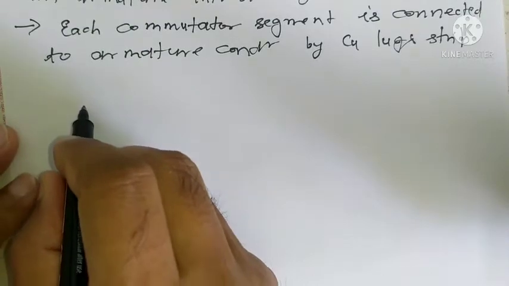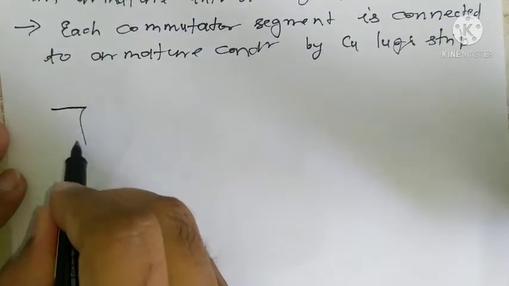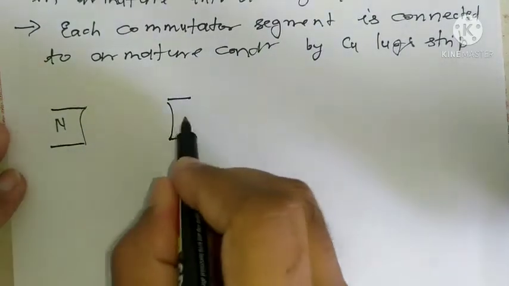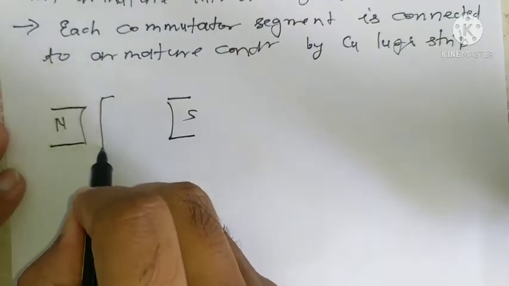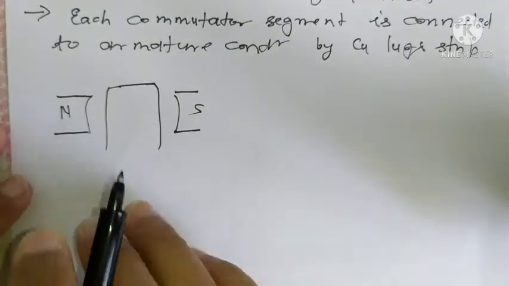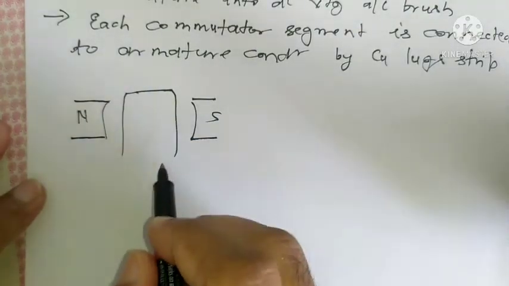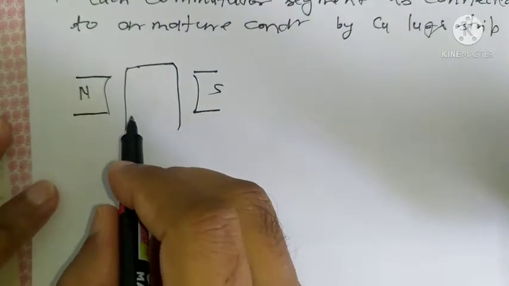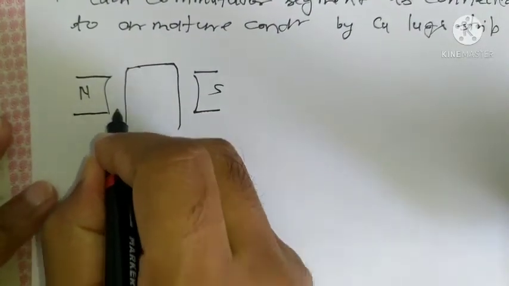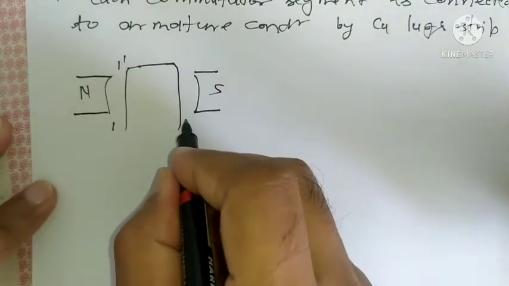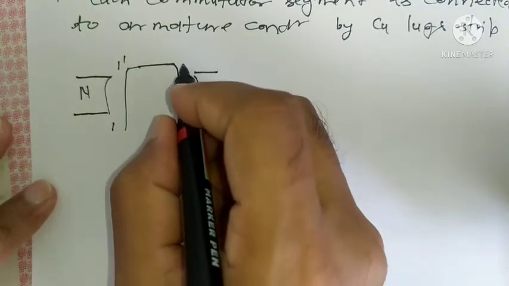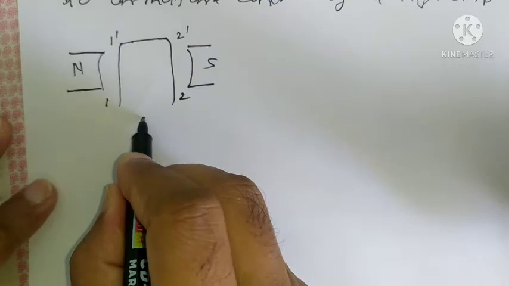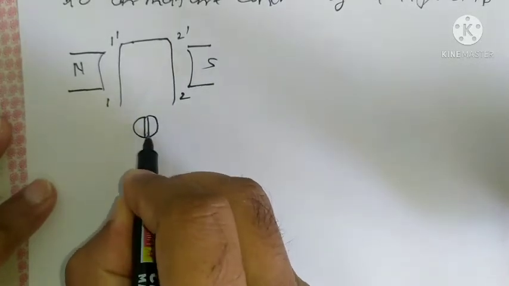For that, let me take two adjacent poles, say north pole and south pole, and I have a conductor. This is one coil or one turn, having one conductor on this side, second conductor on this side. Let me name this 1 dash, and here it is 2 dash, right? And I have commutator segments.